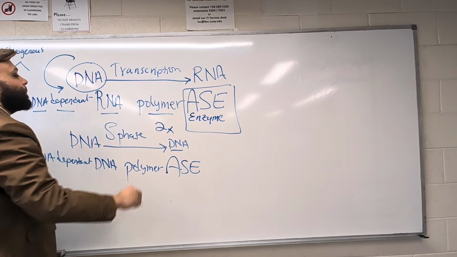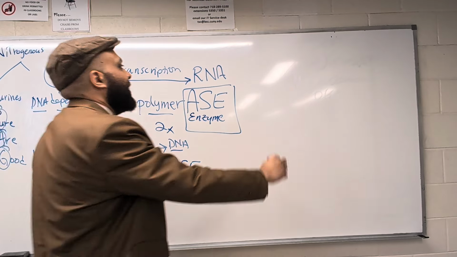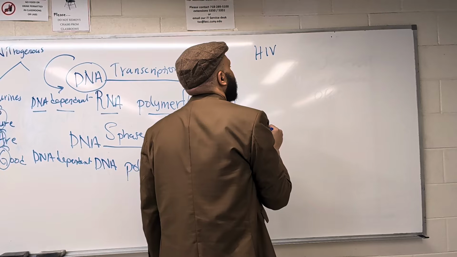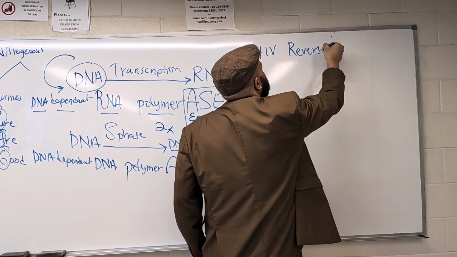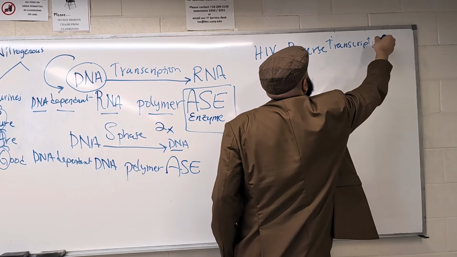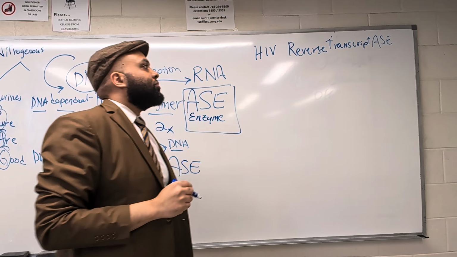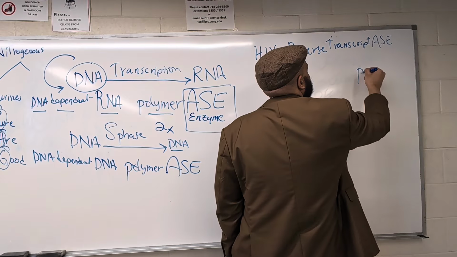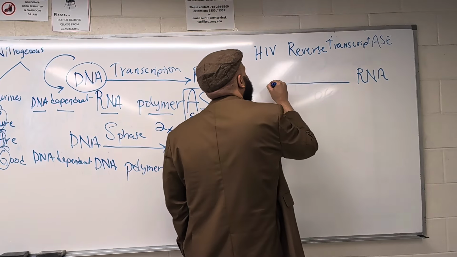And you have to know something about the HIV. The HIV virus has something called reverse transcriptase. You see -ase, that means it's an enzyme. So how does it work? That enzyme has the ability to reverse.